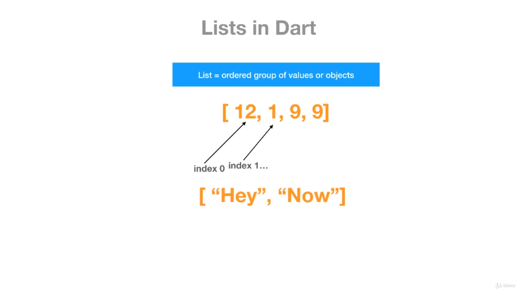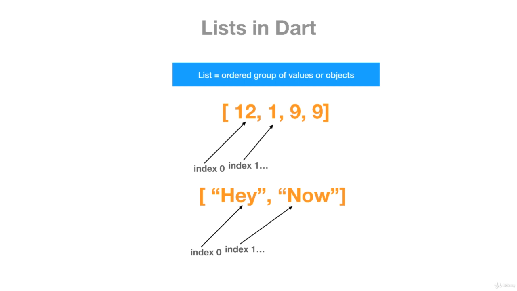But we can also add items that are not numbers inside of our list, right? As long as the list contains the same type, it doesn't matter what we put. We can put objects, strings, and so many other things. In this case, we still have the same thing: index 0 contains hey, and index 1 contains now. And we can keep adding as many items inside of our list as we want.